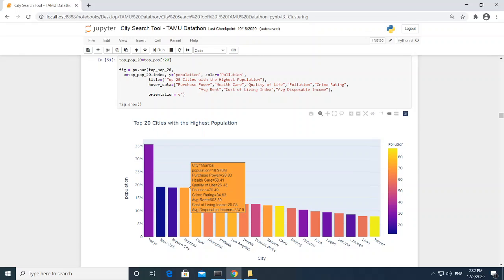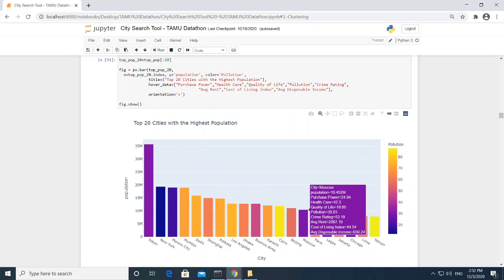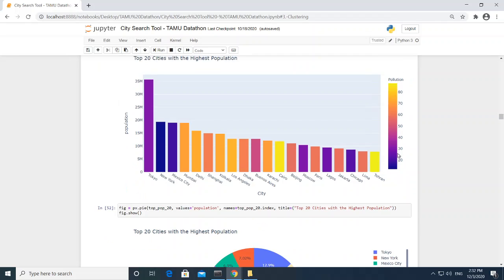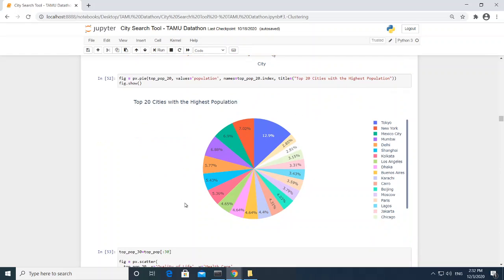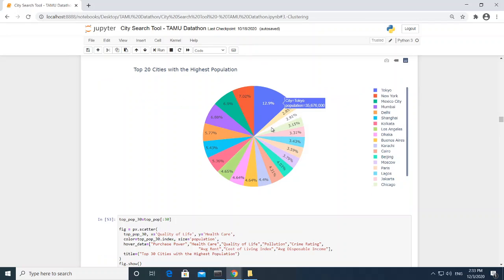This is the top 20 cities with the highest population, colored by pollution. We also constructed a pie chart to understand the distribution. In this case, we can observe that Tokyo is the city that has the highest population, and it provides a high percentage on this pie chart.